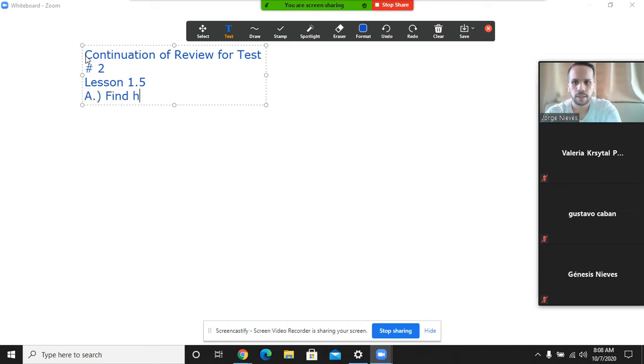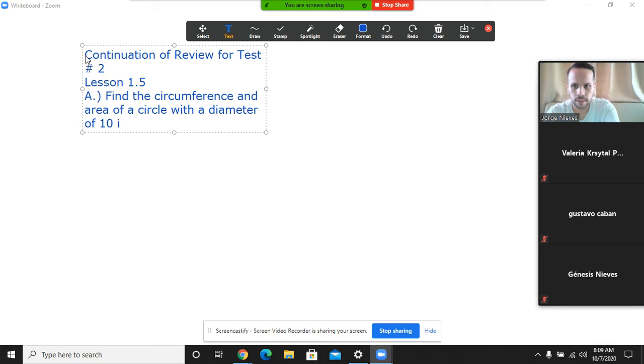Find the circumference and area of a circle with a diameter. Okay. So we got the diameter now, and we don't got the radius, but I'm gonna teach you how to find the circumference and area of a circle with a diameter of 10 inches.